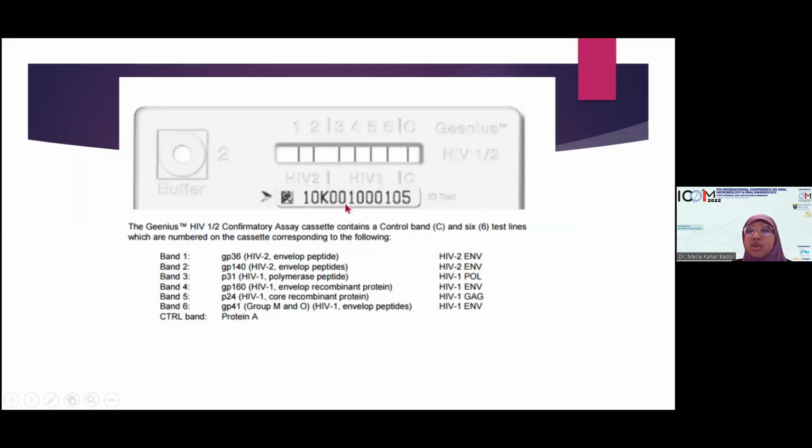There was just so much difficulty with it. So this is how it looks, and each band represents different envelope peptides, and the earlier diagram that I showed represents HIV-2 and HIV-1, and there is a control band.